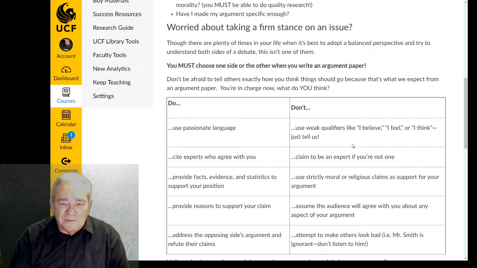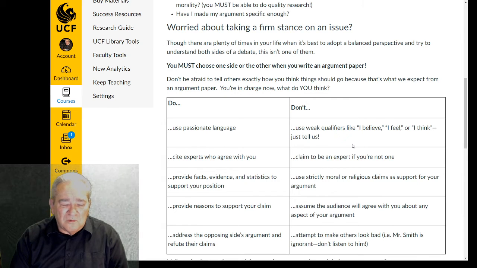However, what this is saying is you don't claim to be an expert. To be an expert, you've got to be somebody who has done primary research, which takes a lot of time and has to be vetted, or you have to have a lot of study, education, and qualifications that say you can be a subject matter expert.